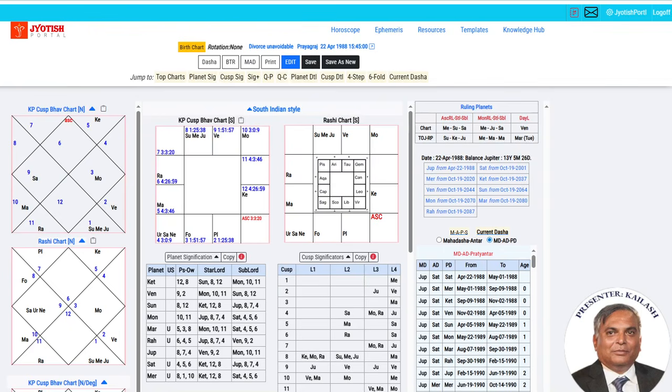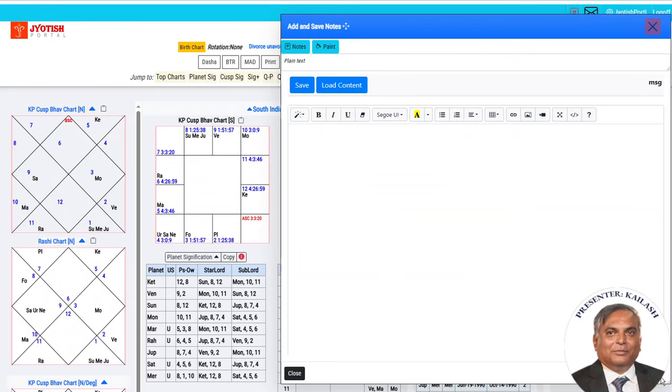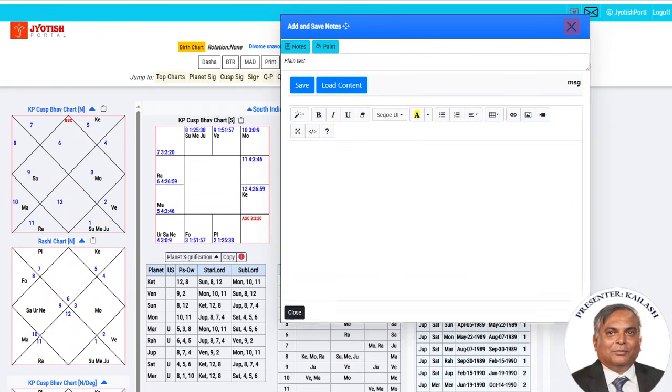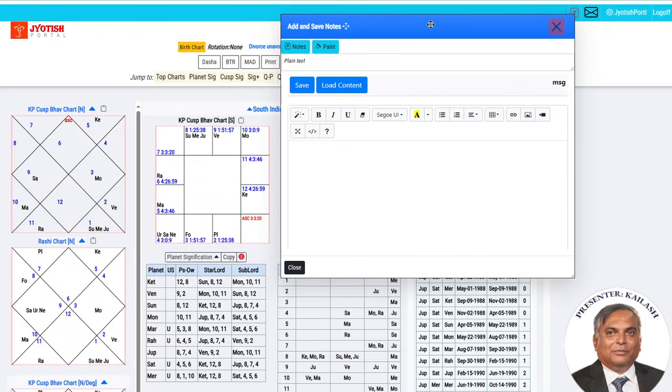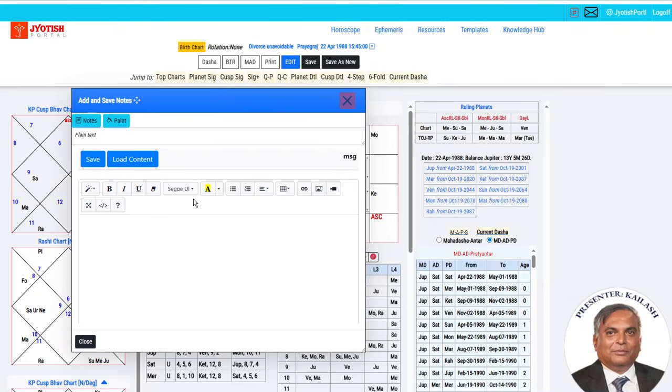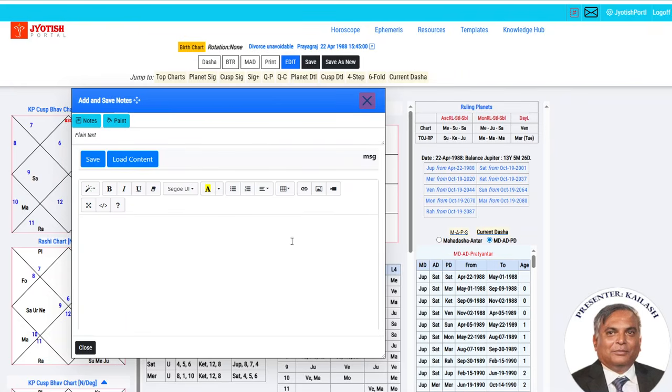There are 2 or 3 things that I would like to discuss before I end this presentation. One important thing is the ruling planet of the birth chart. Not the ruling planet of the astrologer's city, nothing like that.